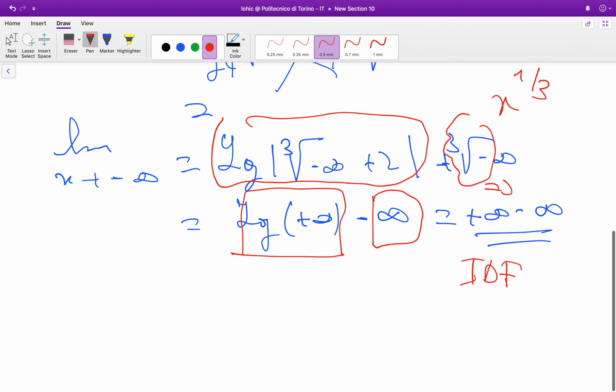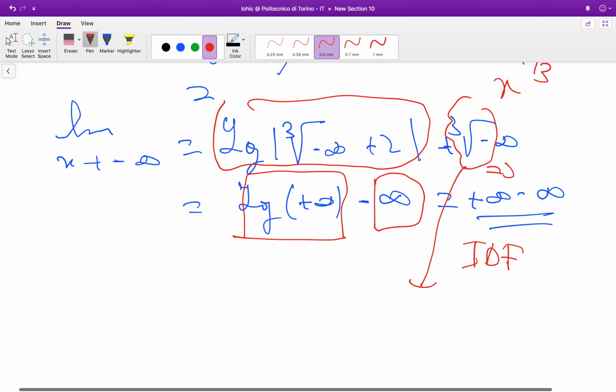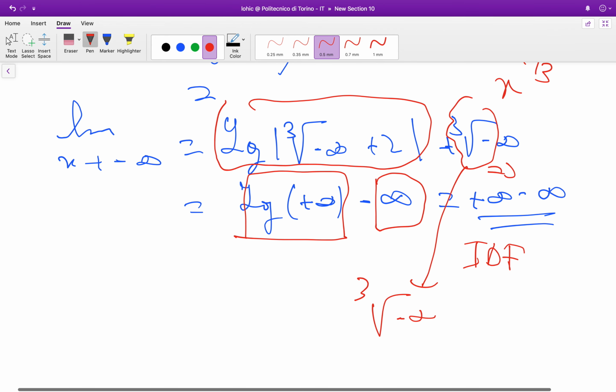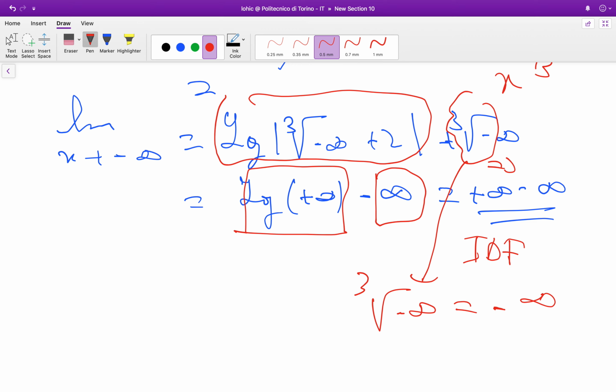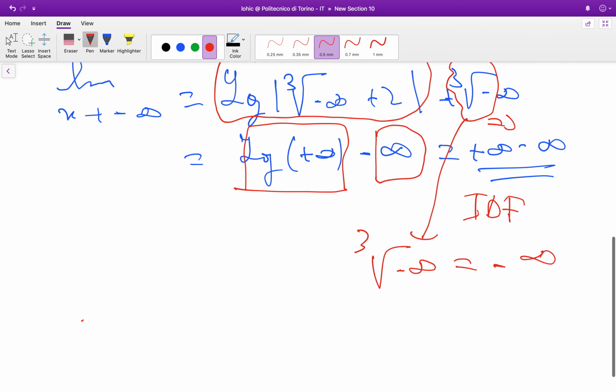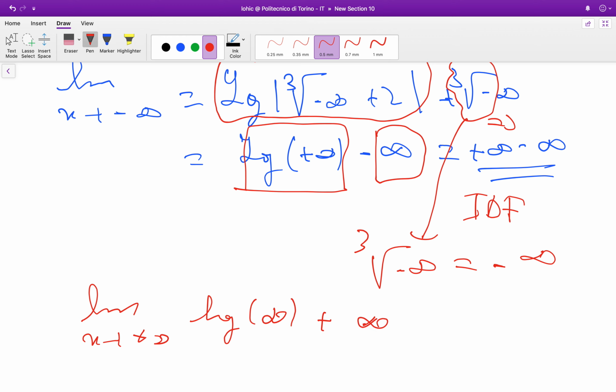So the most important one here will be the cubic root of minus infinity, and thus the limit will be minus infinity. Is that clear? The same when doing the limit when x tends to plus infinity, you do the computation, and you get log of plus infinity plus the cubic root of plus infinity, which is plus infinity. In this case, it is plus infinity.